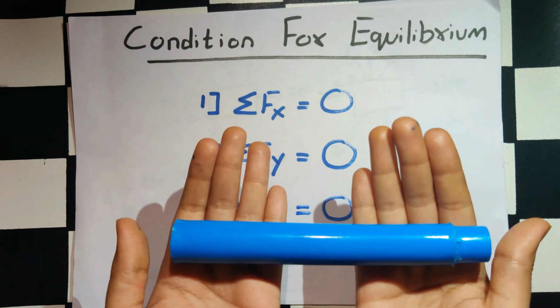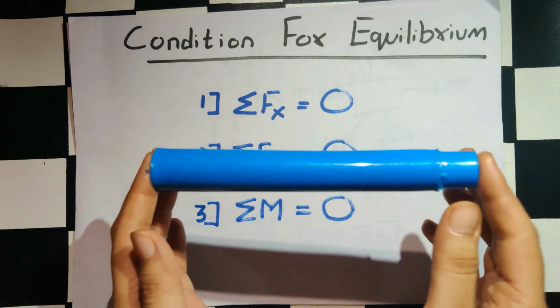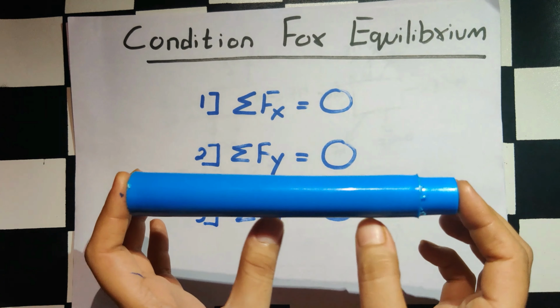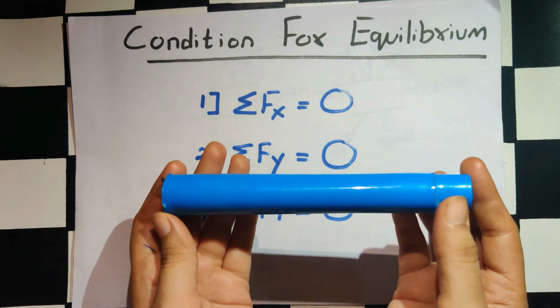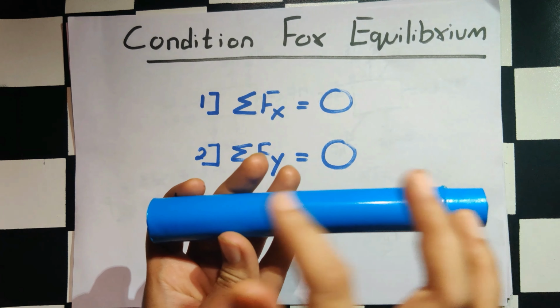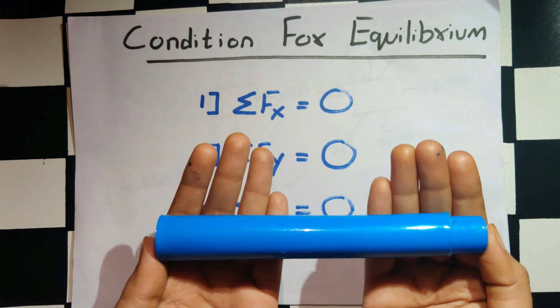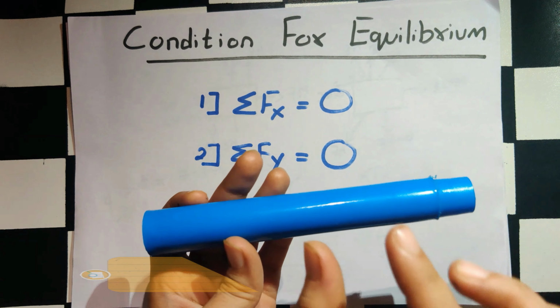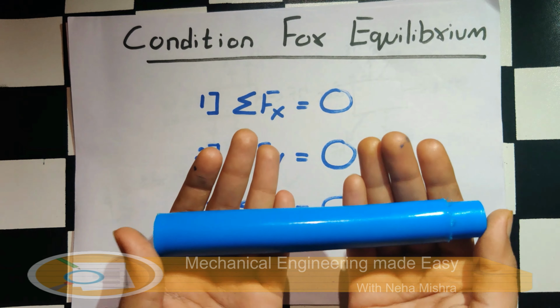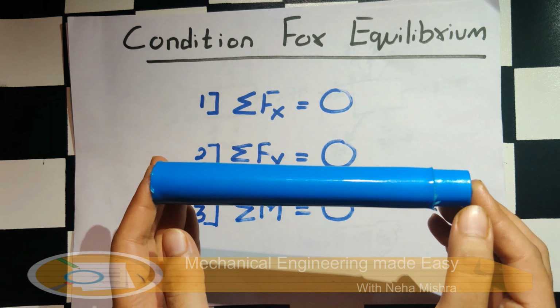Why is it so? For that, we should first understand what all the forces acting on this rod are, because we know that for any object to be in equilibrium, the resultant has to be 0, and to find the resultant we should know what all the forces acting on this rod are.